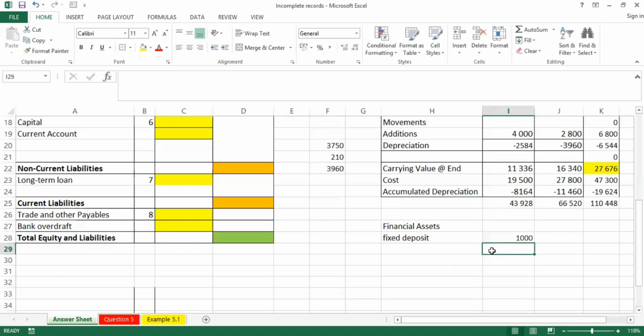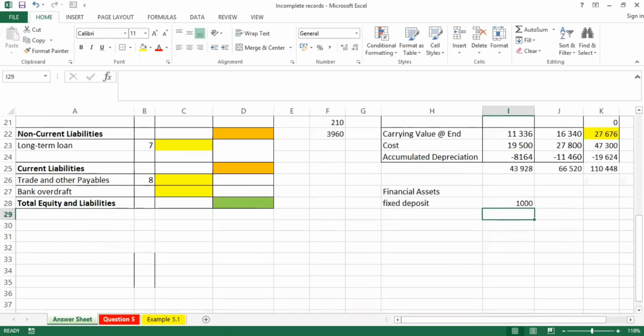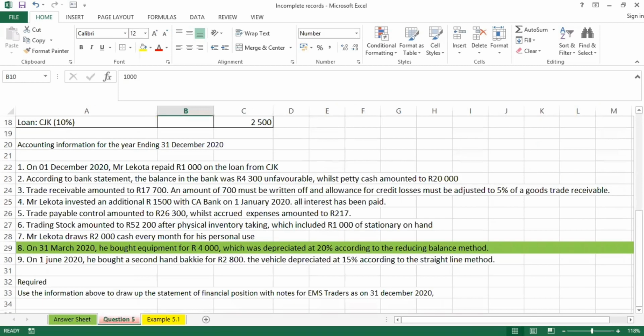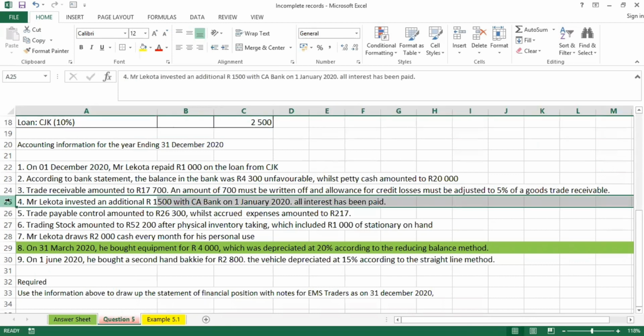And then we're going to check also if there's any additional information concerning our fixed deposit. Okay, so checking the additional information, number 4, they're saying Mr. Lekota invested an additional 1,500 with CA Bank on 1 January 2020.